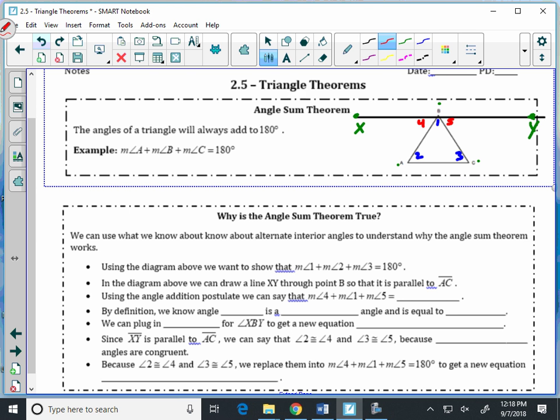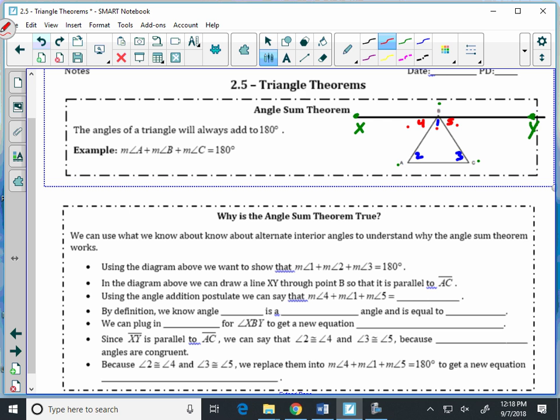And we drew this line so that it's parallel to the bottom. That's important. That's what they did. I'm going to draw a line at the top so it's parallel to the bottom. Using the angle addition postulate we talked about at the beginning of this unit, before we talked about linear pair angles, we can say that 4 plus 1 plus 5 make up what angle?